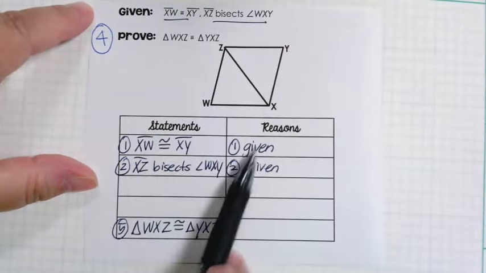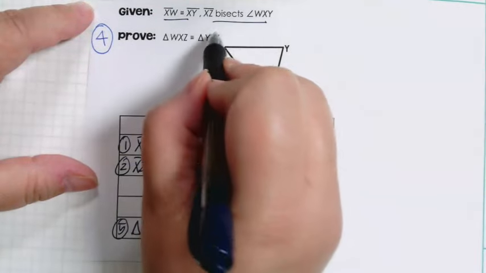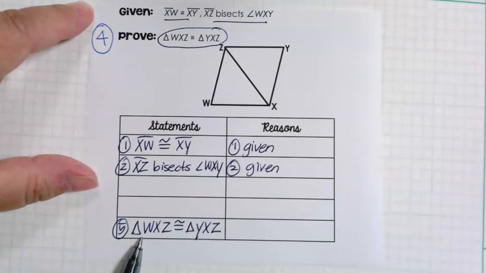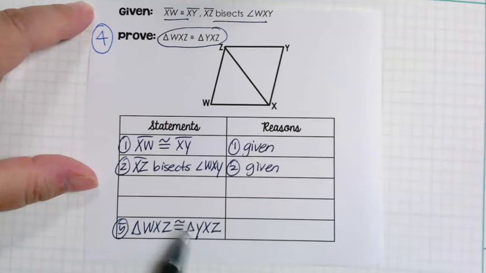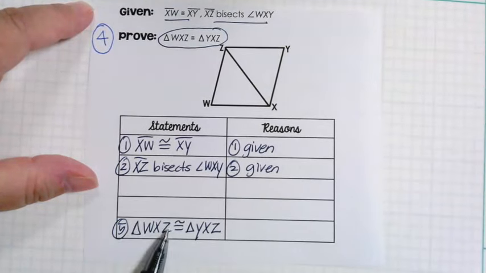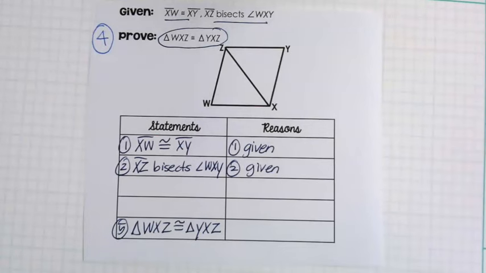So they're going to come first and their reason is both given. And I know that the thing I'm being asked to prove will always be the last statement. Don't write prove here. It'll always be the last statement. Now over here, it's going to say side angle side or HL or ASA or something like that. And I have to figure out what that's going to be based on what else happens here. But if I have no clue, look, I still got half credit. So this is where understanding the patterns of proofs can help you even if you don't understand the specific proof.